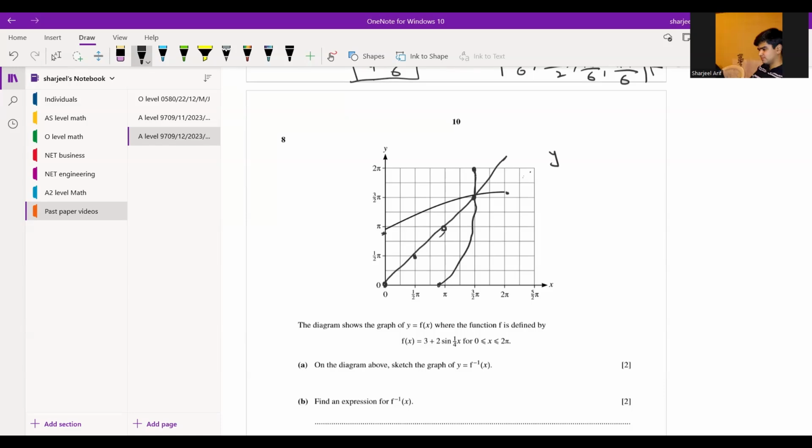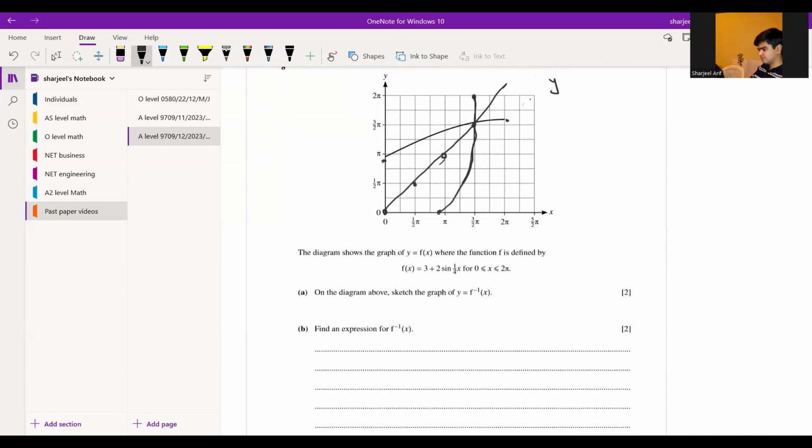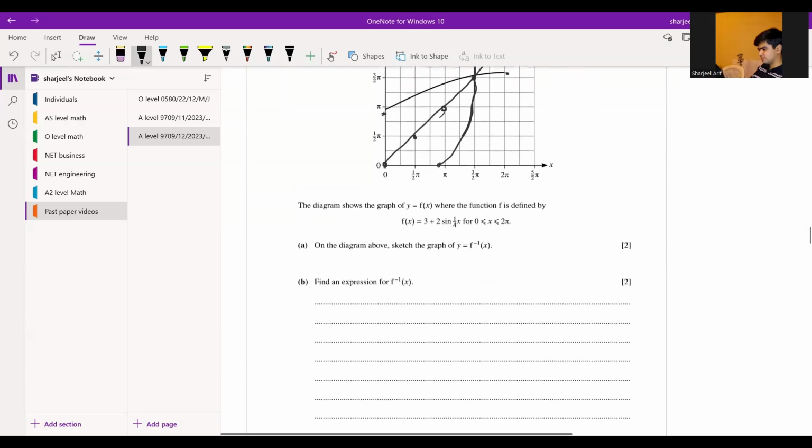So this will be our graph for the reflection. Just draw a diagonal line which has the equation y equals x, then make a reflection of the given function according to that line. So you can have a similar, reflected shape in y equals x.